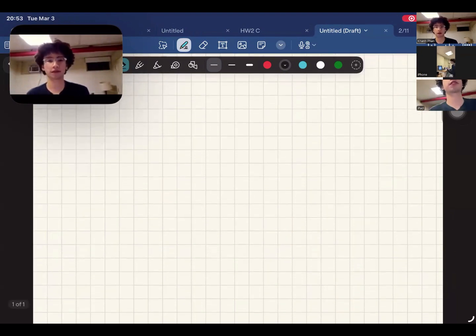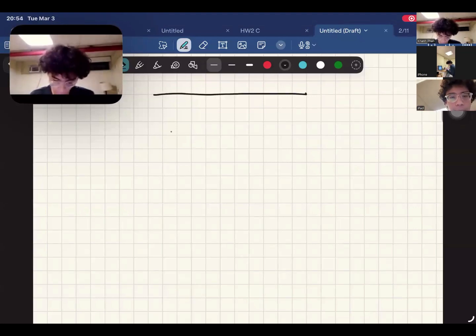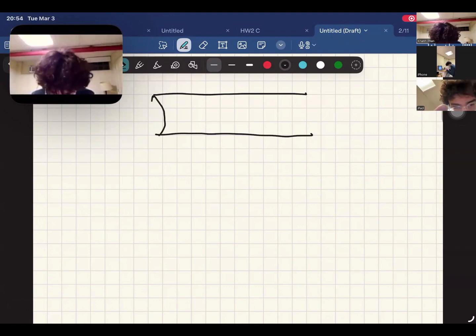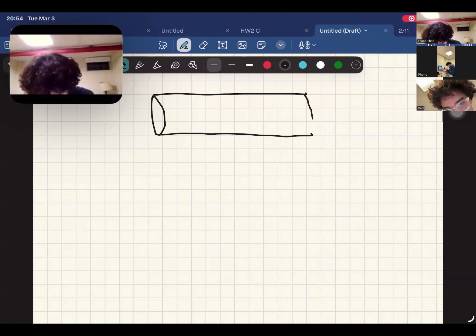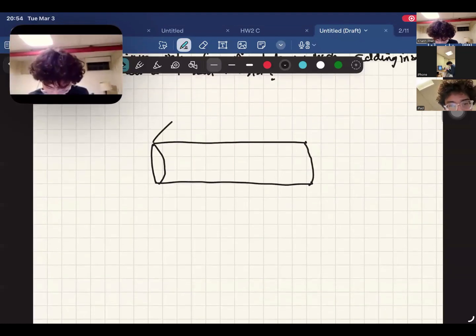So let's first draw the scenario, okay? So that's the inner radius, and then let's draw the outer radius.